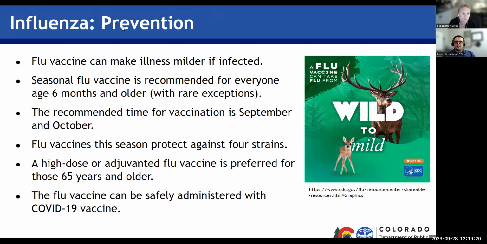So prevention of influenza primarily consists of vaccination. On the right-hand side of this slide, you can see CDC's current season flu vaccine campaign graphic, taking flu from wild to mild. And the point of that is really that the purpose of vaccines, and flu vaccine specifically, is that it can mitigate or make less severe flu illness if it occurs.